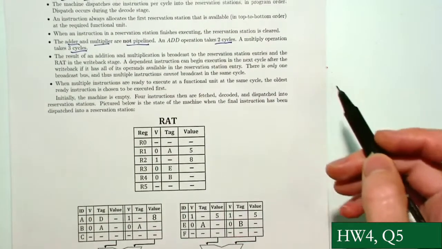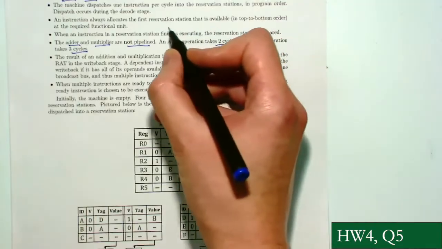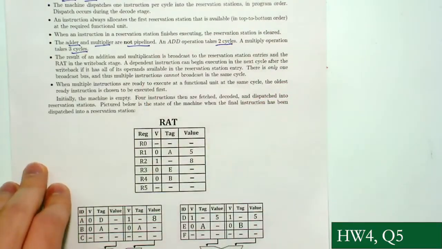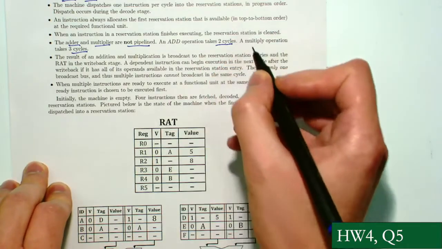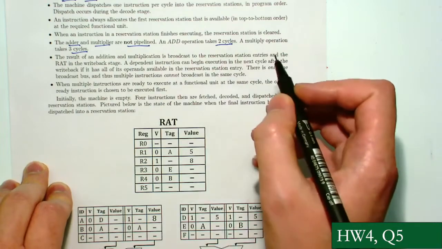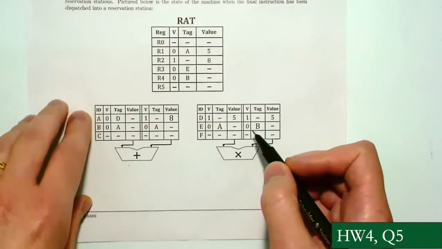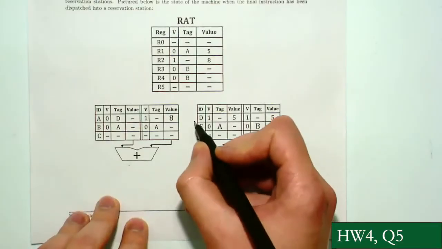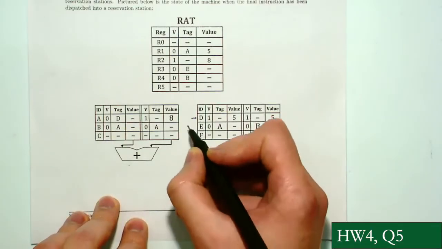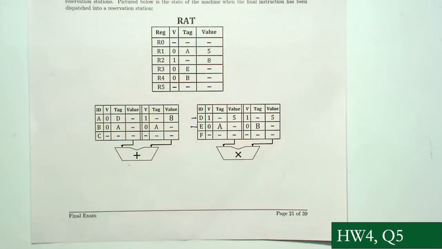From the question, we know that the instructions are allocated to reservation stations in top to bottom order. So when we look at a single reservation station, we know that this instruction comes before this instruction in program order.